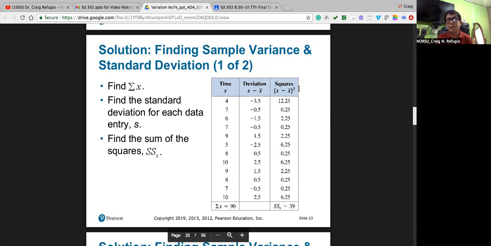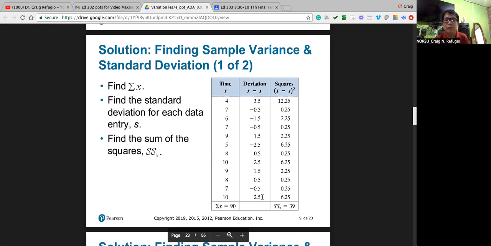Next, we have the squares, x minus x bar squared. Negative 3.5 times negative 3.5, or negative 3.5 squared, gives you 12.25. Negative 0.5 squared, or negative 0.5 times negative 0.5, gives you 0.25.